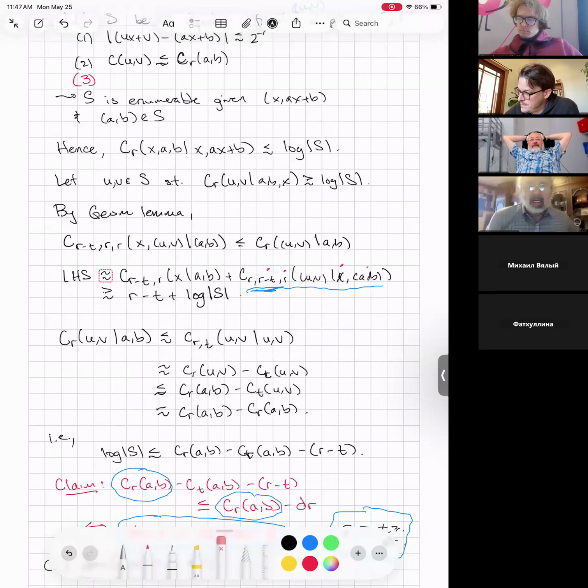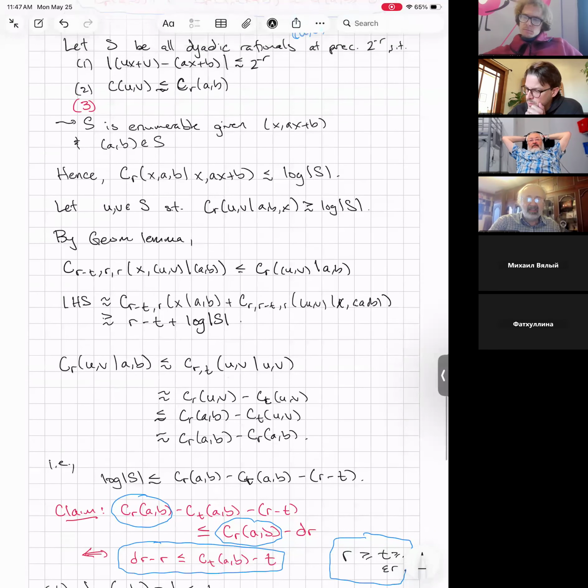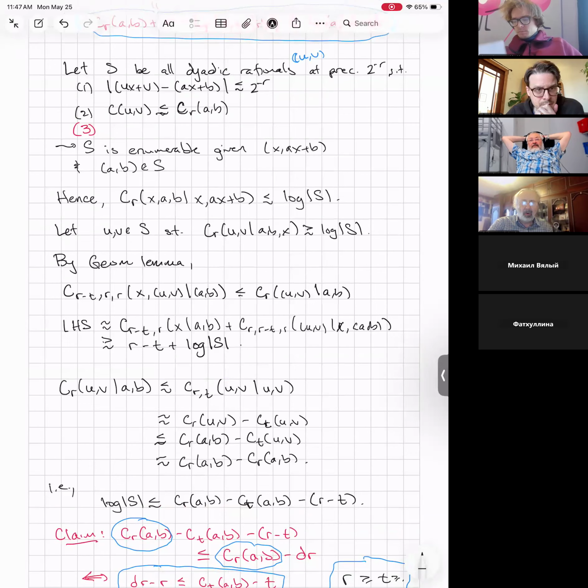Okay. So you say that in all your notation, when you write the lower subscripts, you actually mean the first R or R minus T bits of the corresponding strings, all right? Yes. Then it's not clear what the complexity C_{R minus T, R} of X given AB means. Here you have only two subscripts and three objects. What does it mean?